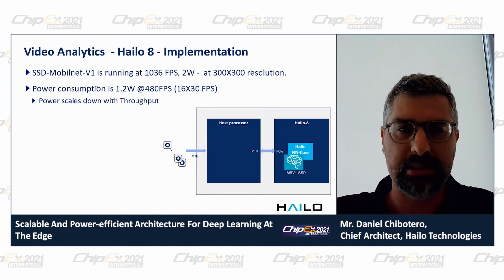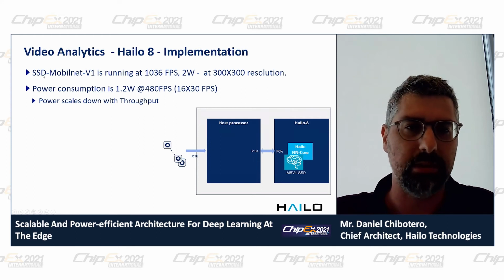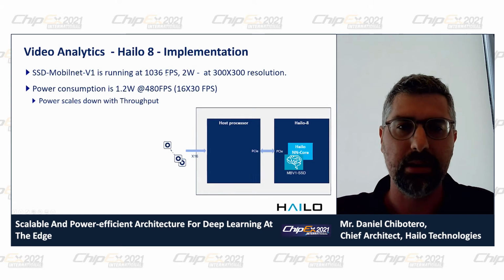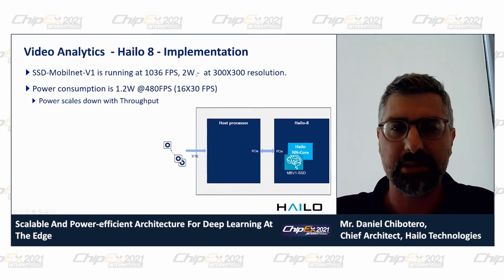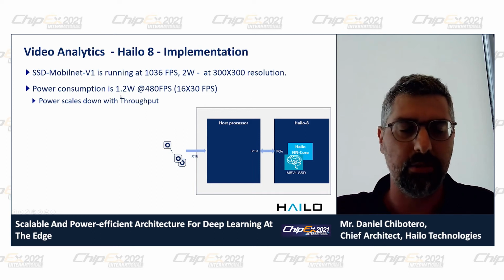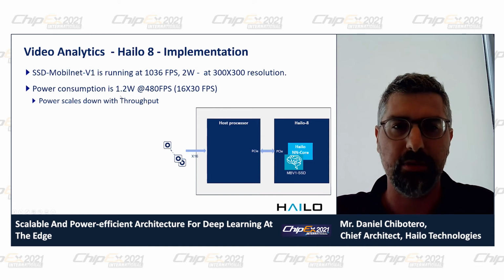And in this case, though the Hailo 8 is able to run a detection network, the MobileNet SSD V1, at more than 1000 FPS and 2 watts, to meet the requirements of this specific product, we are able to scale down the throughput to 480 FPS and scale down also the power consumption to 1.2 watts, showing the scalability of the power with the throughput.